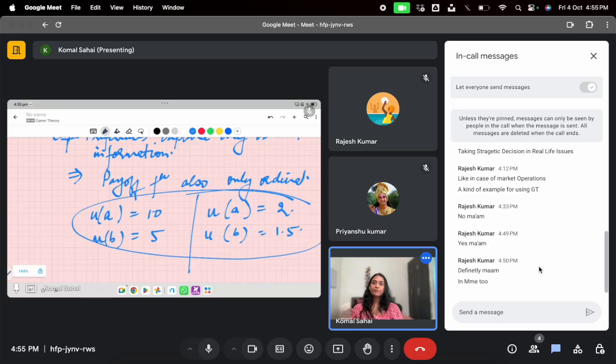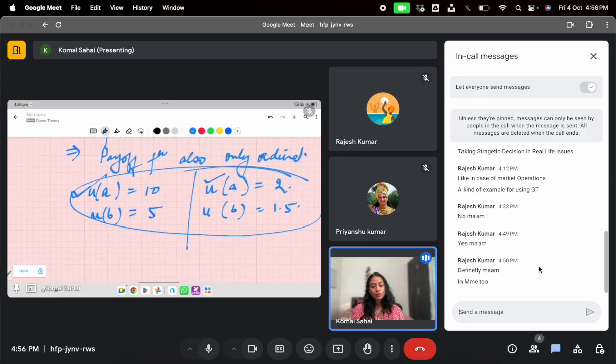Same information. This does not say that here you prefer A double, or that here the preference for A is weaker than in the other case. We will not make any such statement. So we can assign random numbers. The only thing that matters is that the order of the numbers matches the order of the preference.